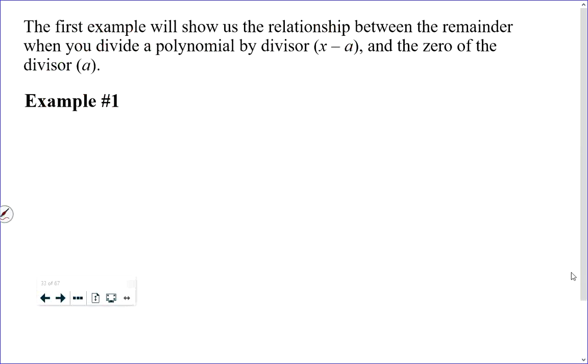So now we get to an example which is going to demonstrate a very important relationship in this lesson. This lesson is called the remainder theorem. This example is going to teach you the remainder theorem. And what I told you is that there is a relationship between the remainder of the division and the value of the polynomial when you put x equals a in.